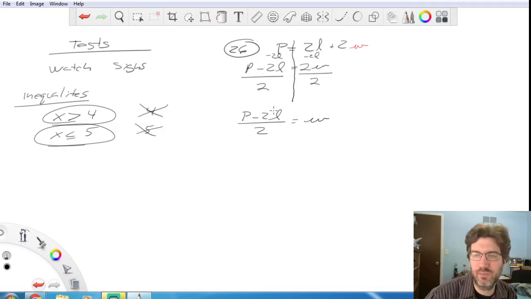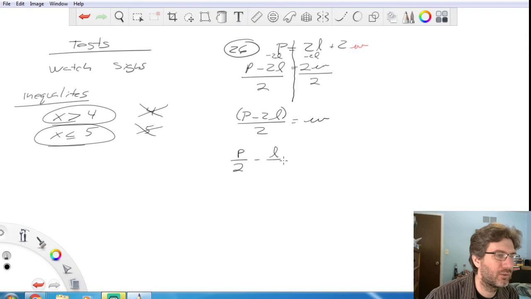However, if you are typing this, it should be in parentheses, just so I know this is the numerator, and it's not just the 2L that is the numerator. The other way to write this, if you really wanted to combine it, would be P divided by 2 minus 2L over 2, and these 2's would cancel.